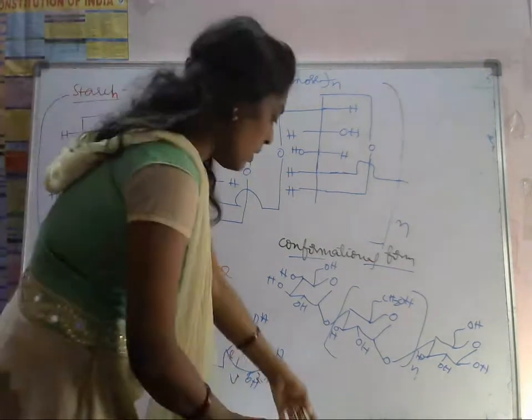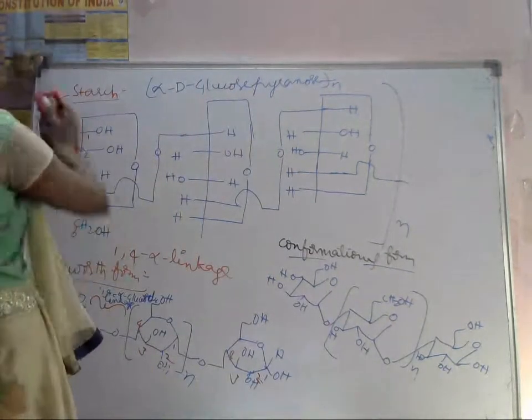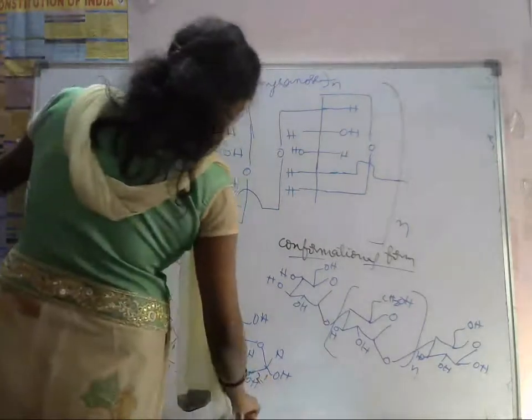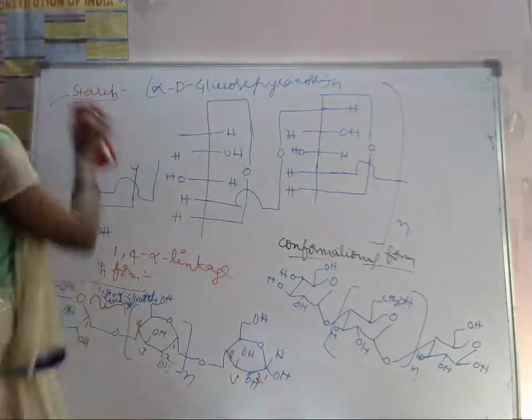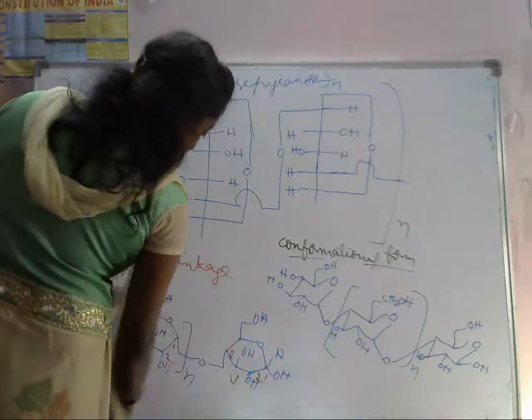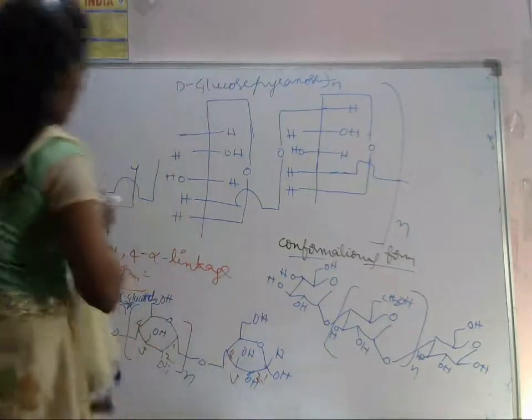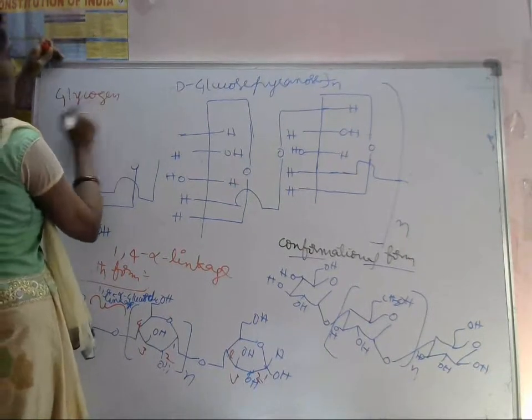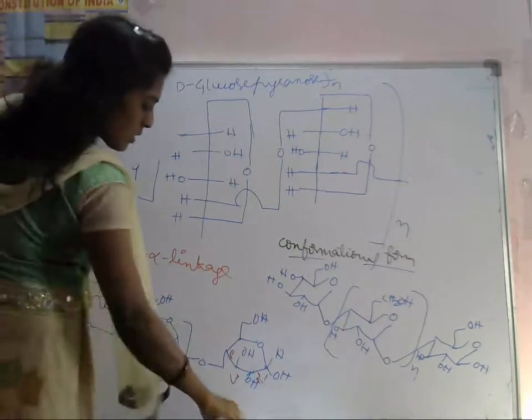Here, the glycogen structure, next one. So this is also similar, glycogen. The only difference is here. This is also alpha D glucose structures.